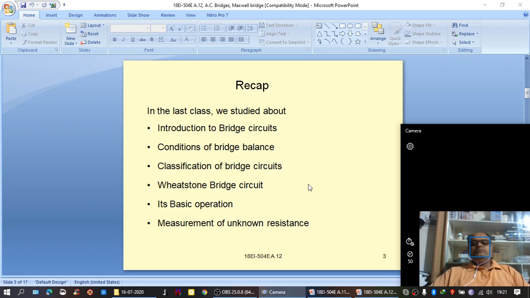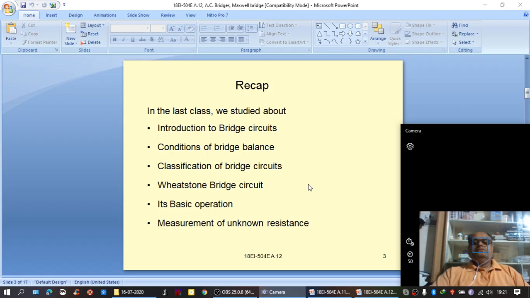So basically a bridge circuit is a circuit consisting of four arms, and these four arms may consist of resistive elements or reactive elements or a combination of both resistive and reactive elements. In addition to that, transducers can also be used in bridge circuits as one of the arms.